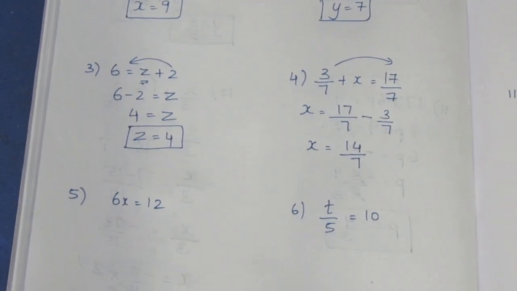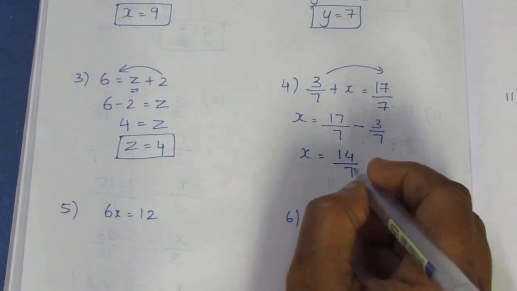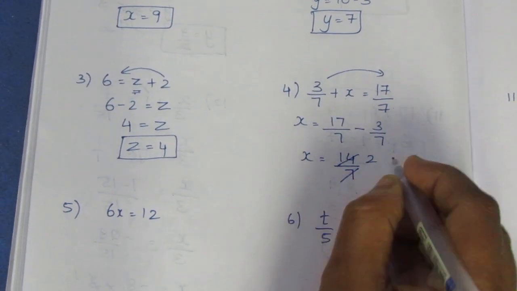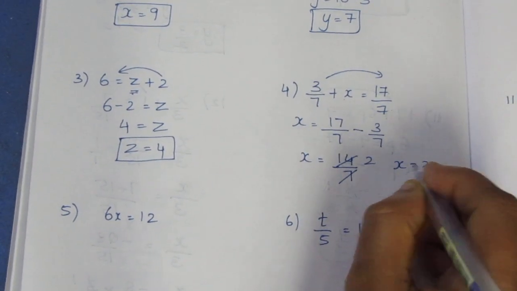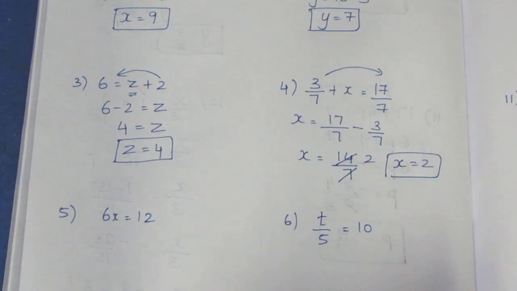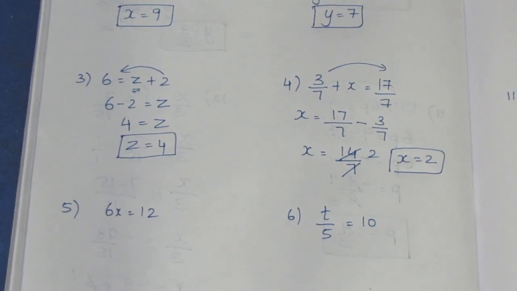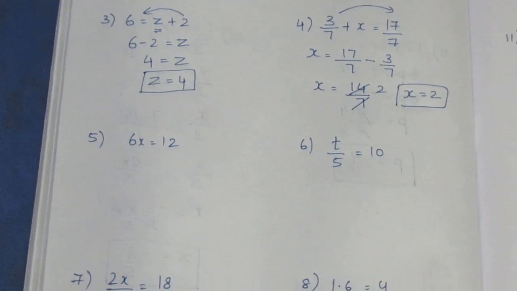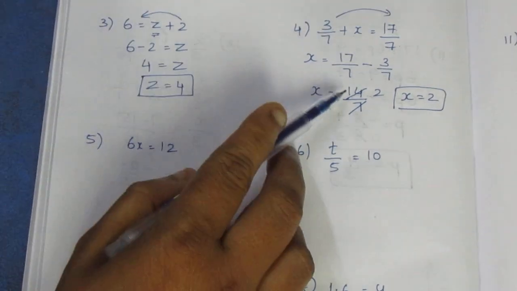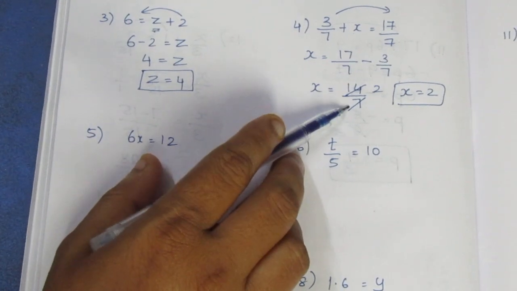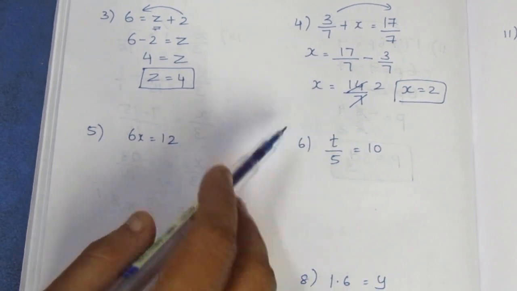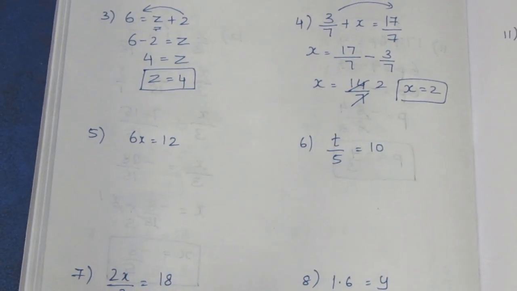Now we can cancel. It goes in 7 tables. 7 2s are 14. So x is equal to 2 is the answer for the fourth sum. If anything can be cancelled or simplified, we need to simplify and show the answer. If you leave it as it is, they will not give you full marks.